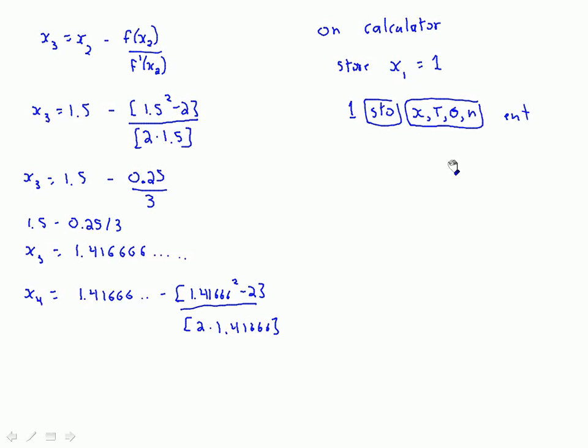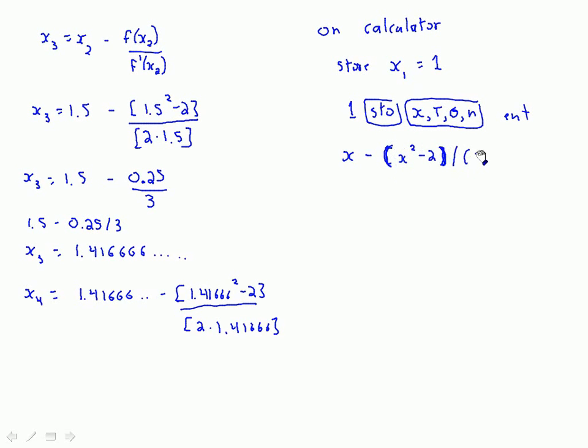And then I enter this formula in. And the formula would be exactly what we have been working with by hand. X minus, and then x squared minus 2, open up that bracket, divided by, open up a bracket. Now, you actually would probably be using your regular brackets.